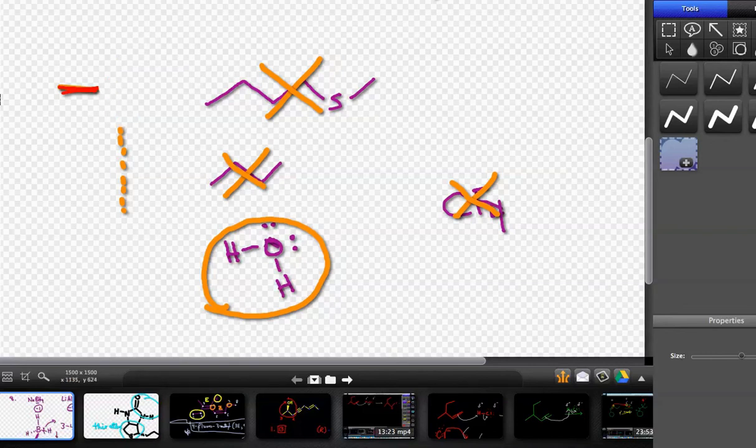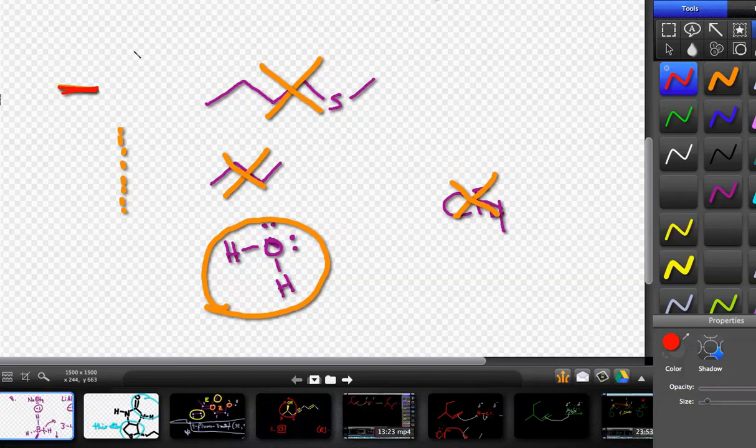The water will curve itself away from the rod. Water is a bent molecule. So for number 9, the credited response is C.